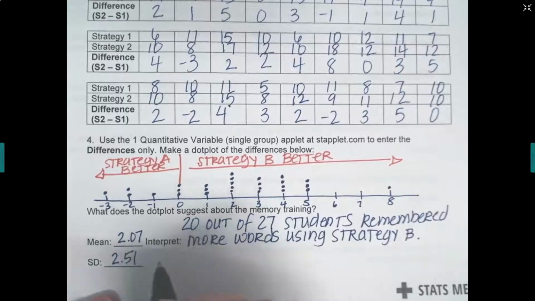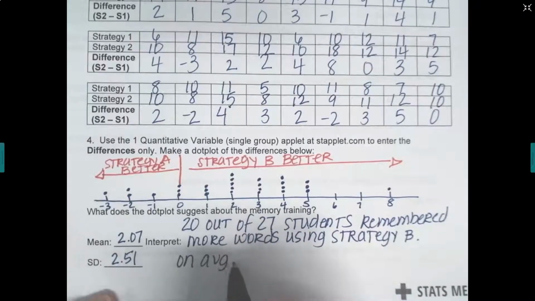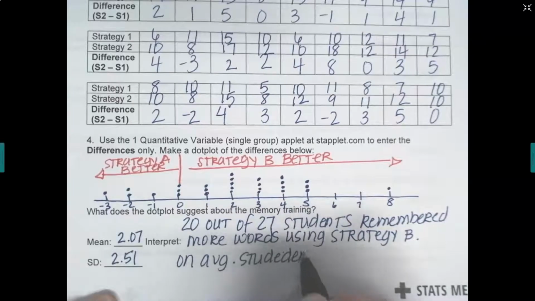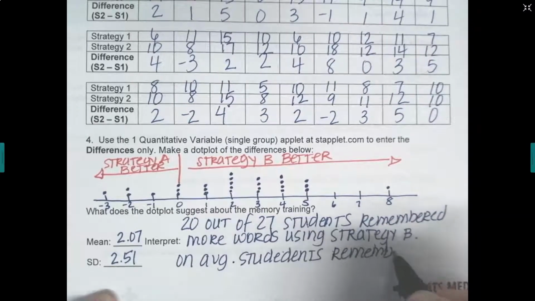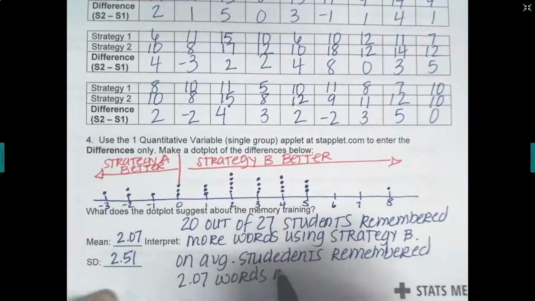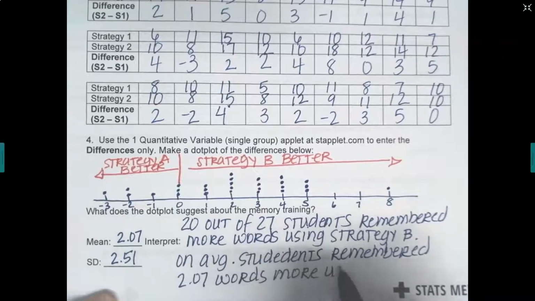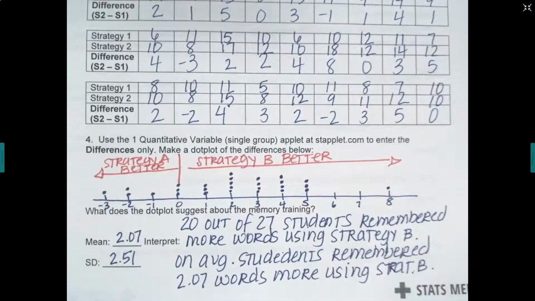Okay, so we're interpreting our mean here. On average, students remembered 2.07 words more using strategy B. Our mean there is 2.07, and the mean is an average.